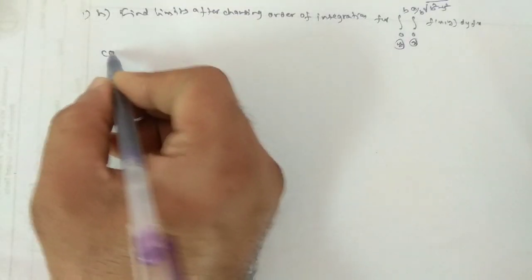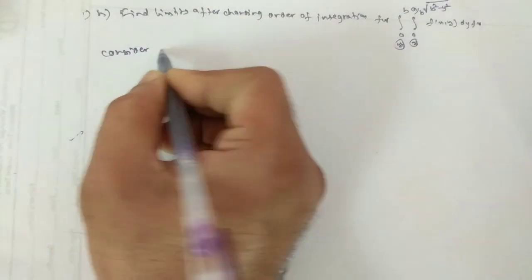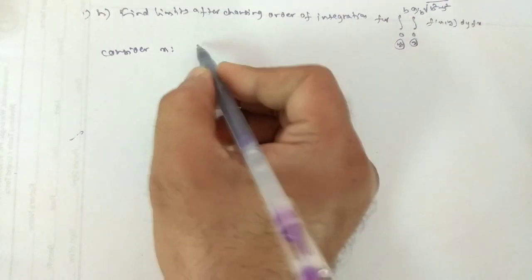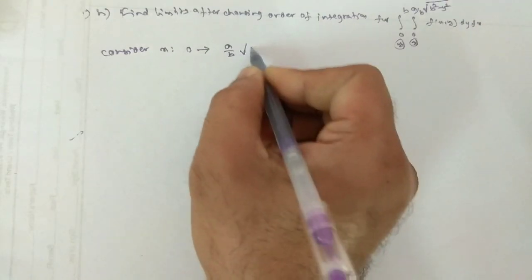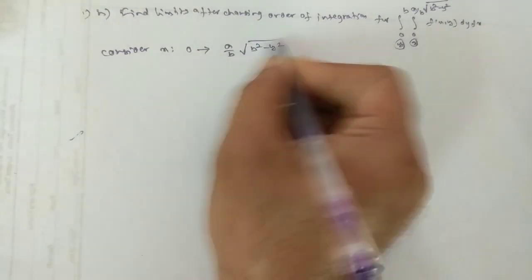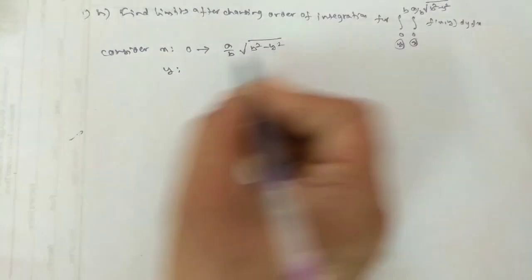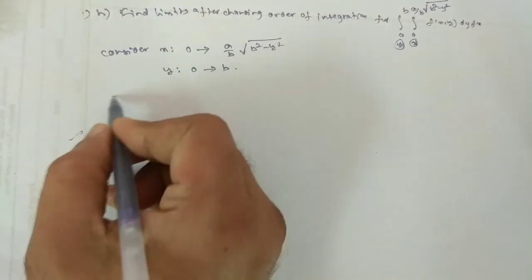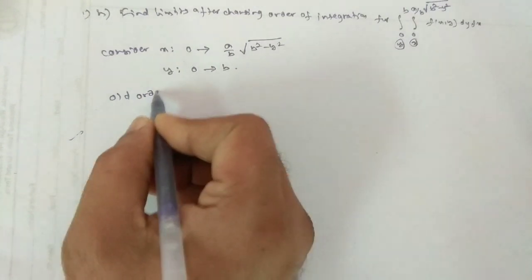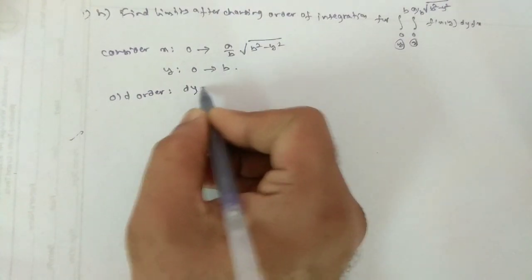So from the given problem, you are considering the x limits. It is 0 to a by b under root of b square minus y square. Similarly, what about the y limits as per the given problem? 0 to b. Now what is your old order? The order they have given here, it is dy dx.